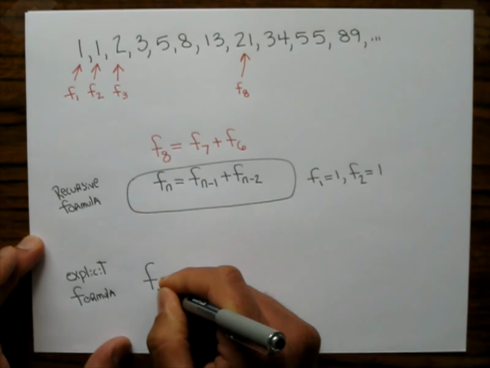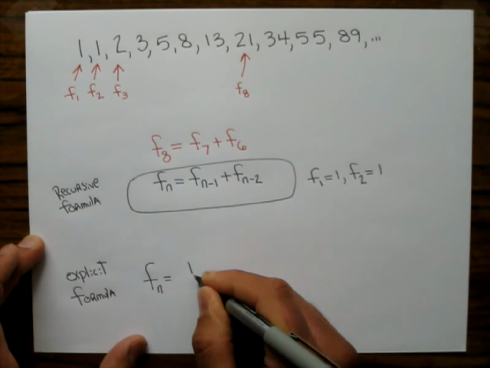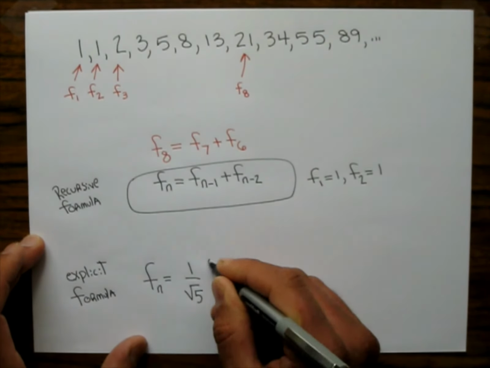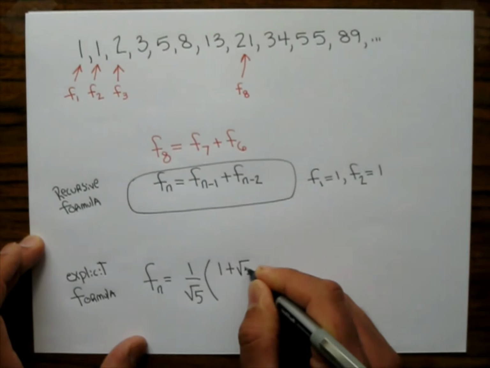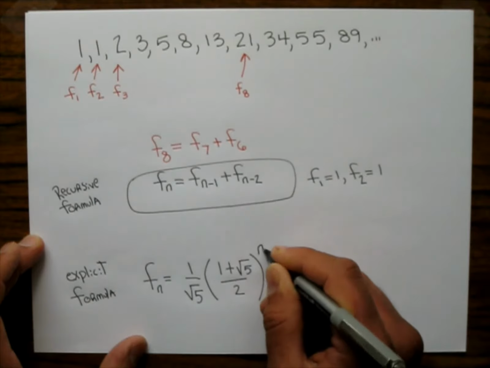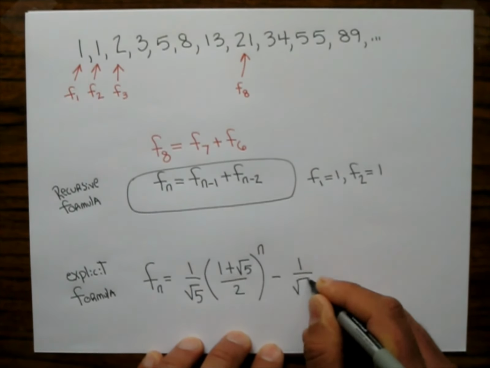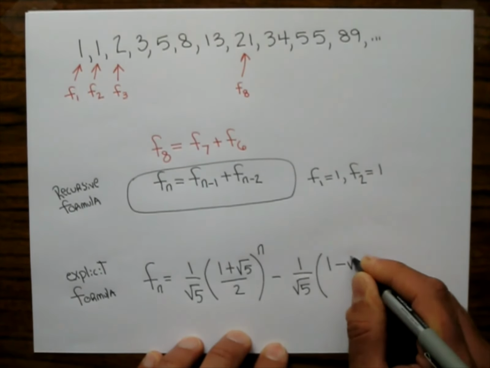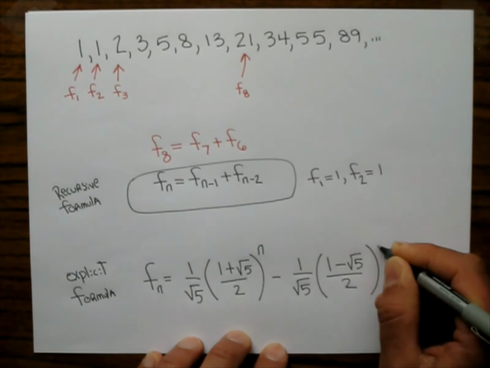So here it goes. F sub n equals 1 over the square root of 5, 1 plus root 5 over 2 to the nth power, minus 1 over root 5, 1 minus root 5 over 2 to the nth power.